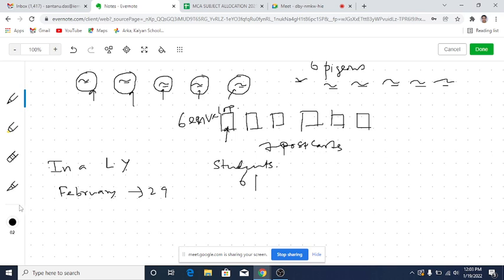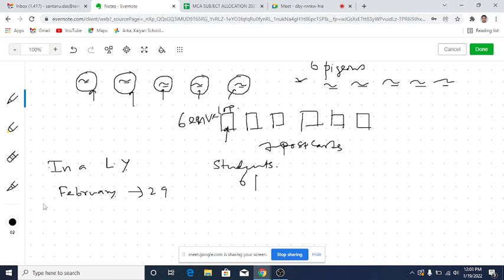Then how many days is there a possibility that 3 students have the same birthday? Have you got my question? Say in a leap year in February there are 29 days. I told you that 61 students are there in your class and each of you has a birthday in February. Is that clear?